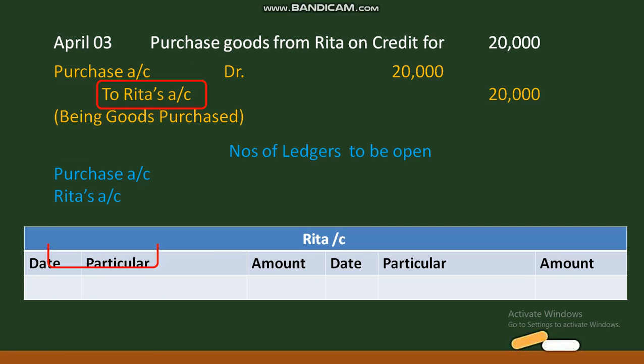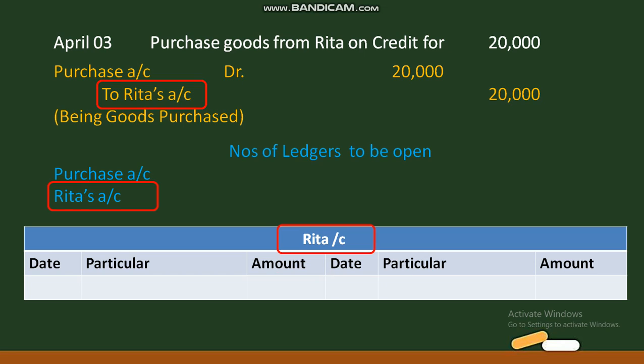First we have to find that out. Whenever you prepare Rita's account, you can check in the journal entry that Rita is credited. So this transaction we have to record on the credit side, that is the right hand side. In the column of date we write 3rd April. In the column of particulars we write the reason why Rita has been credited.